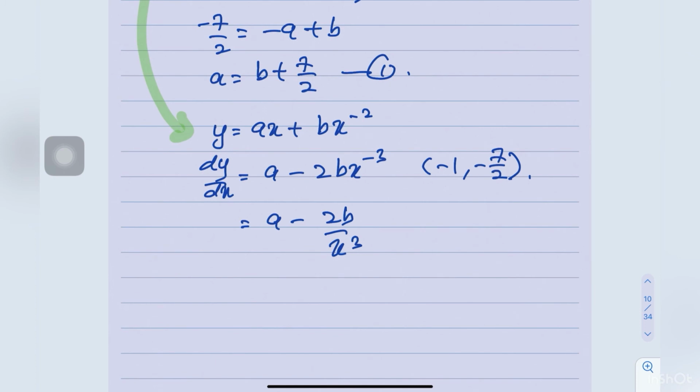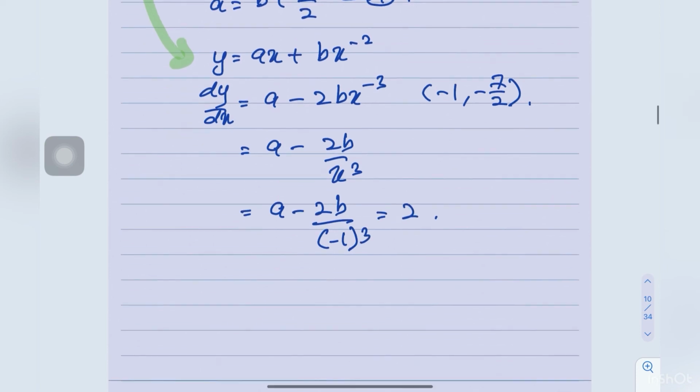So we substitute x equals -1. So a minus 2b over (-1) cubed equals 2. We simplify. Here we have a plus 2b equals 2.